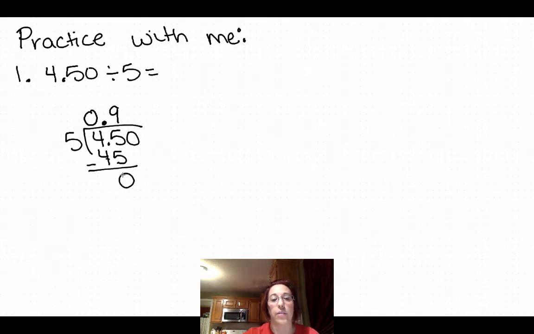Subtract, we get 0. Bring down. How many times will 5 go into 0? 0. Now, at this point, we could give the answer as 90 hundredths. However, we know that when there's a 0 at the end that doesn't hold any value, we go ahead and drop it. So our answer is going to be 9 tenths.